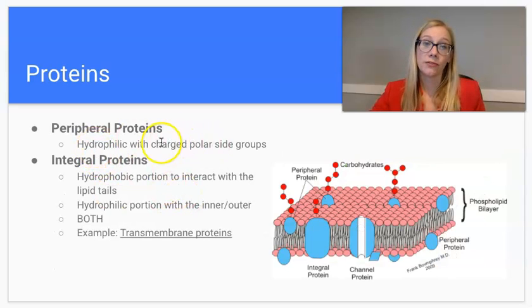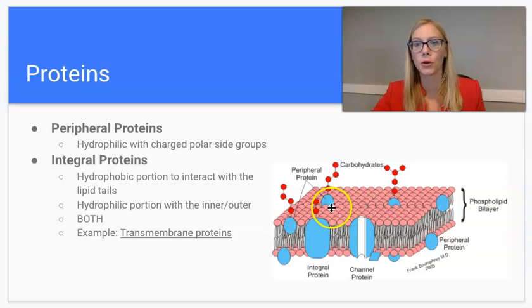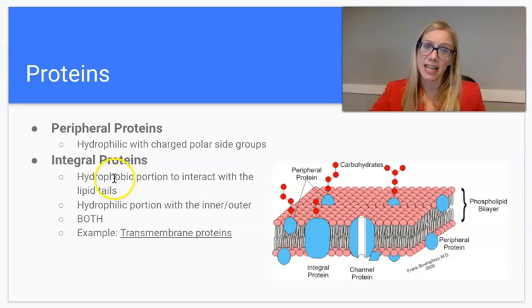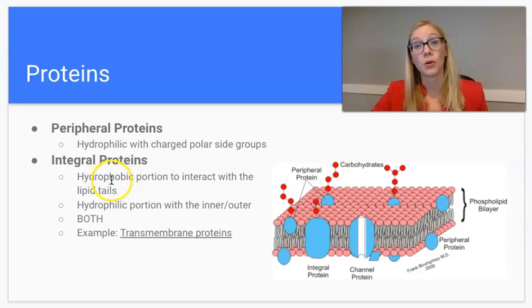So these peripheral proteins are typically hydrophilic because they interact with the charge or the polar sides of the group, and they're on the outside or the inside, right, of your phospholipid bilayer, which we know is aqueous. Integral proteins have to have a hydrophobic portion that interacts with this lipid tail because they go all the way through our phospholipid bilayer.